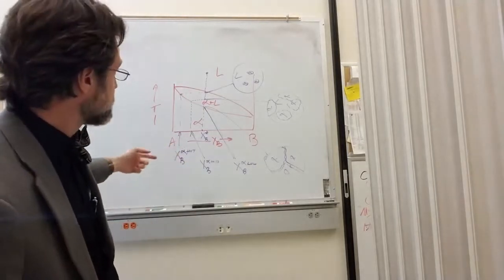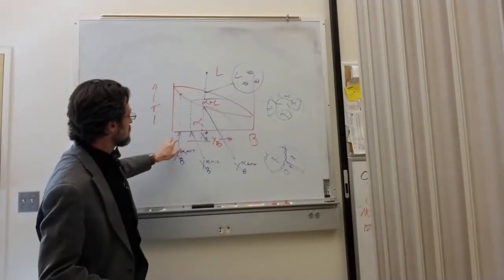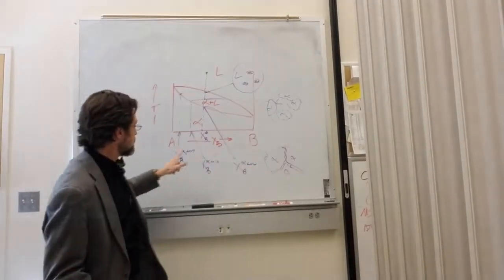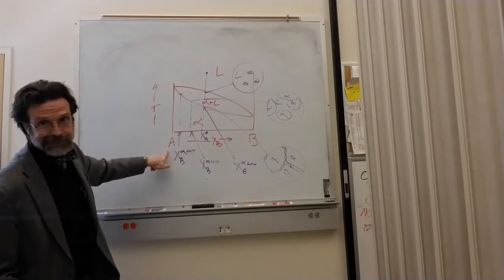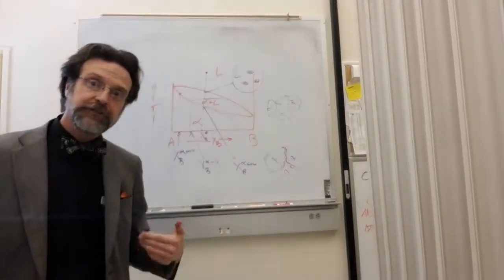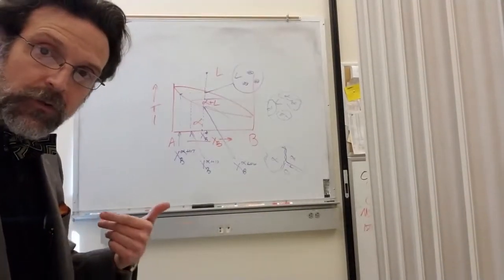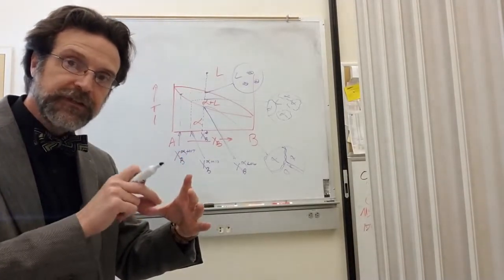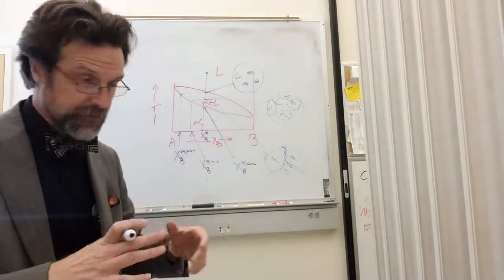Because we know that as we cool down, our alpha loses A atoms. And what actually happens is we wind up with a solid that has a different composition on the interior as it has on the exterior.